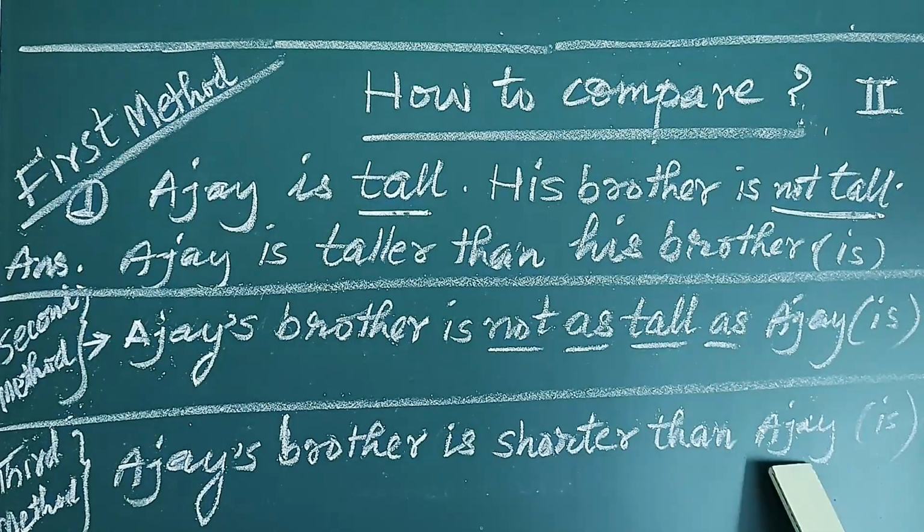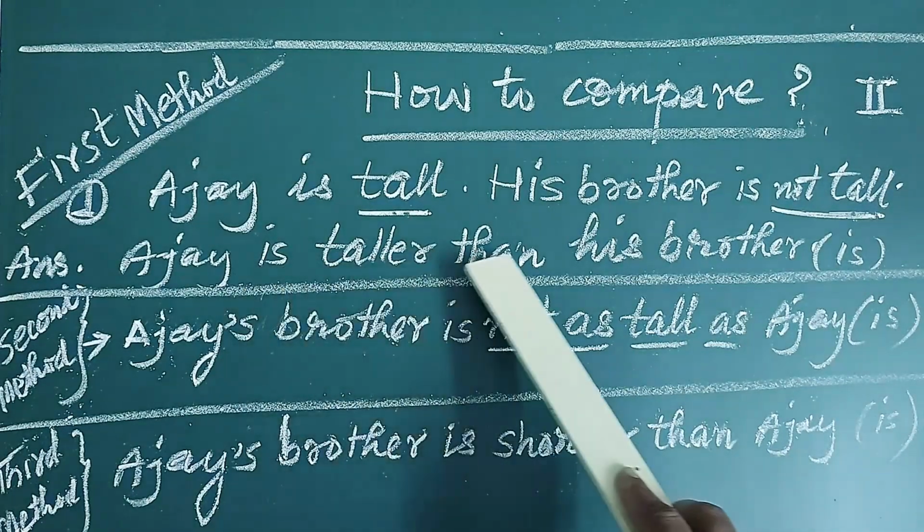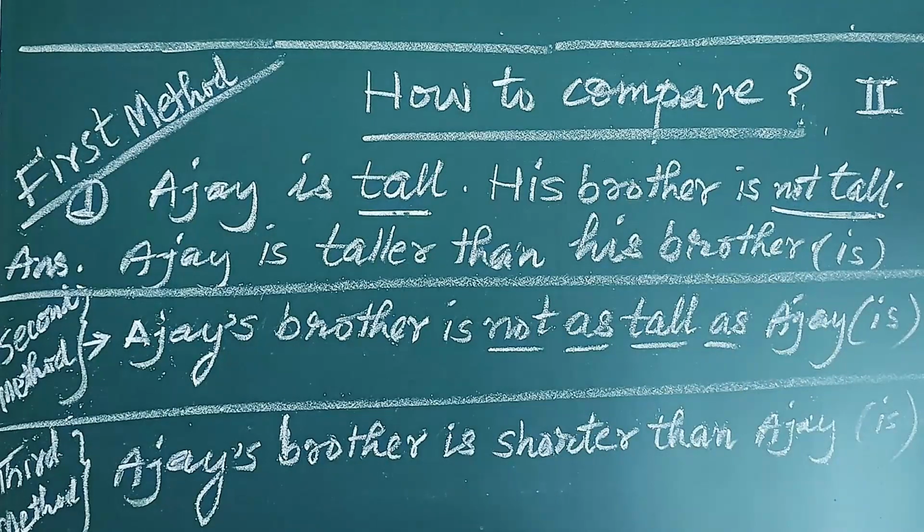Shorter than Ajay means Ajay is taller than his brother. So we have many methods by which we can compare the same thing, and this is how we have to follow the comparison of adjectives in given sentences.